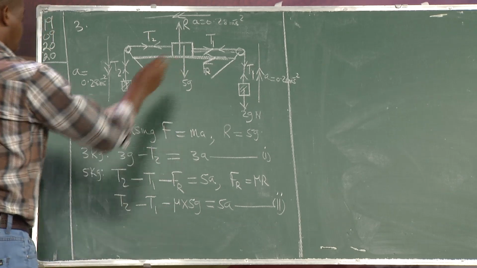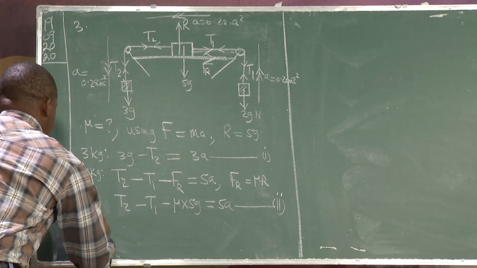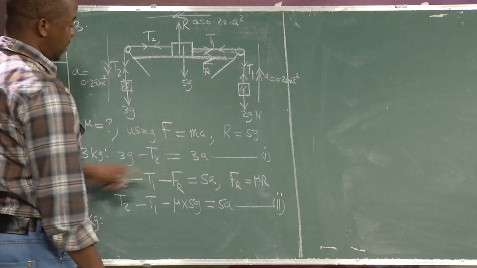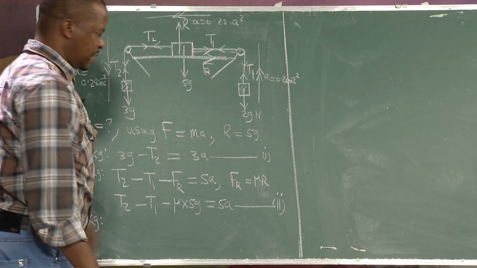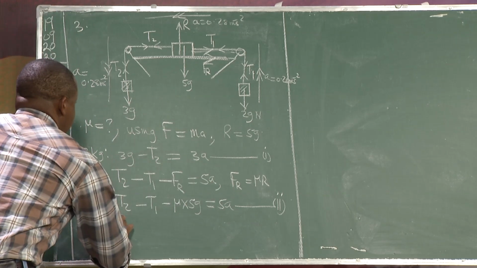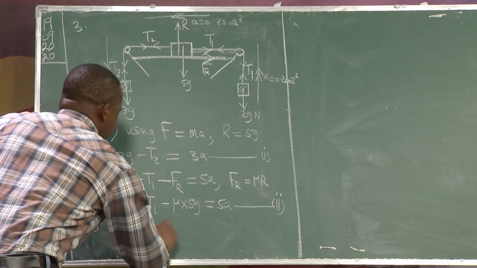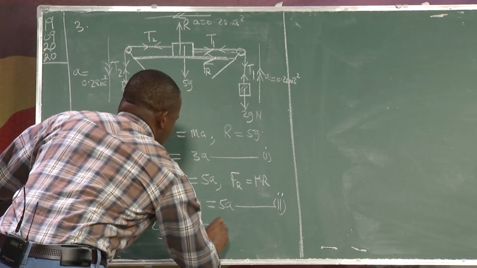For the 2 kilogram mass, it is going up. And remember, we know the value of a, so I will feed it in later. My T1 minus 2g should be equal to 2a.